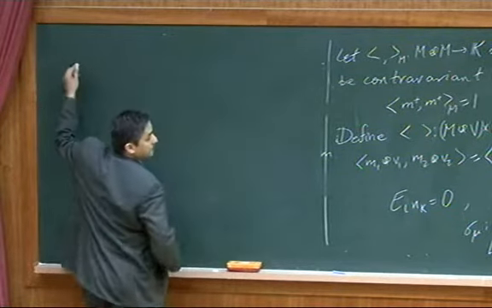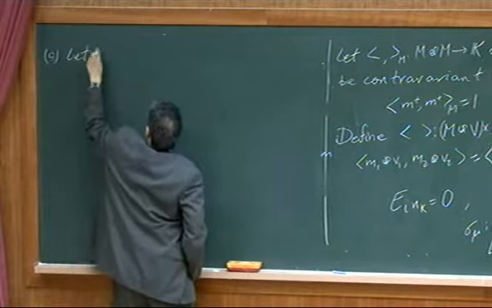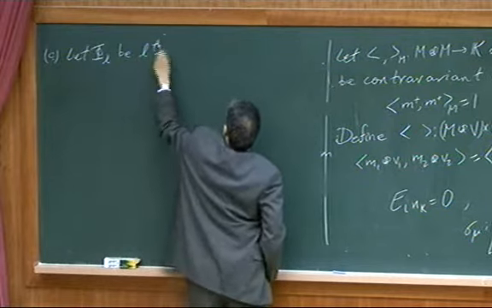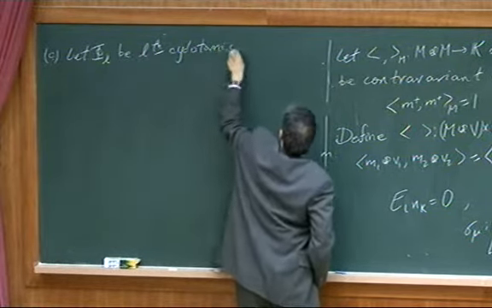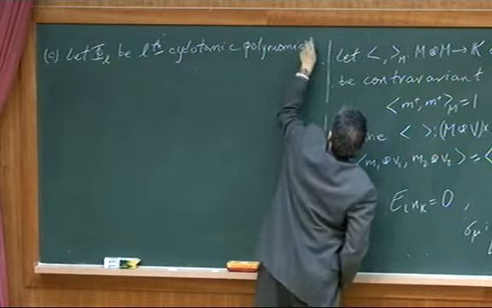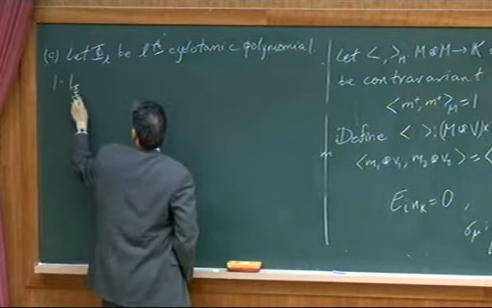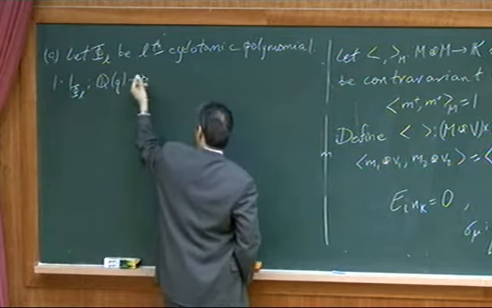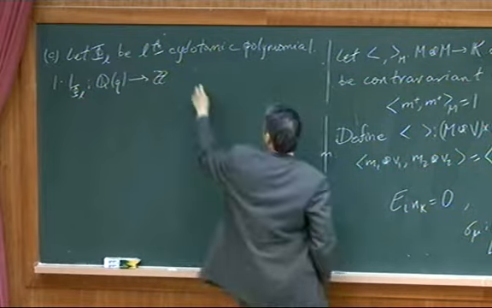Now, let's do a little more. Let phi L be the Lth cyclotomic polynomial, and let's take the corresponding valuation. So this takes me now from the fractions to the integers.